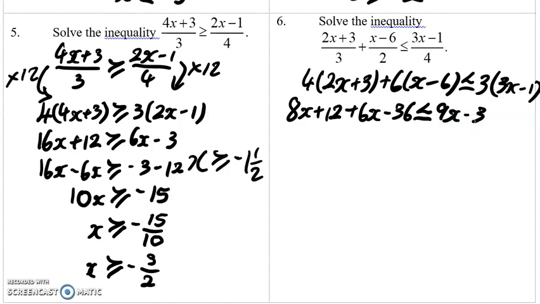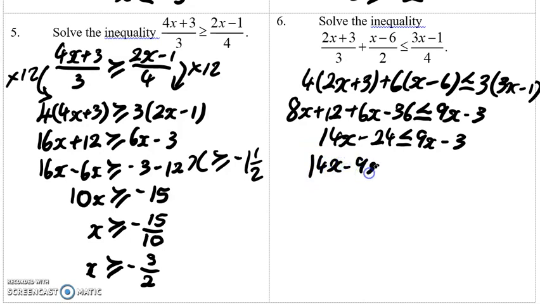Okay, likewise to what we have done, we simplify the left hand side first. So I will have 14x plus 12 minus 36. This gives you minus 24 less than or equal to 9x minus 3. So 14x minus 9x will be less than or equal to minus 3 plus 24.